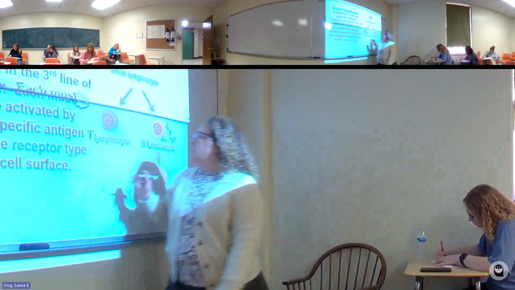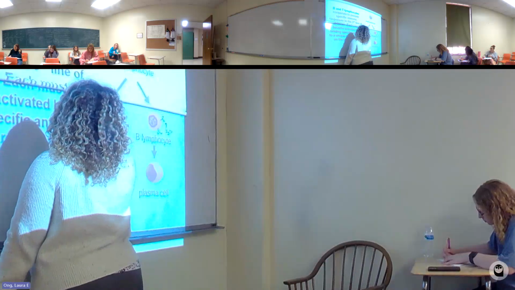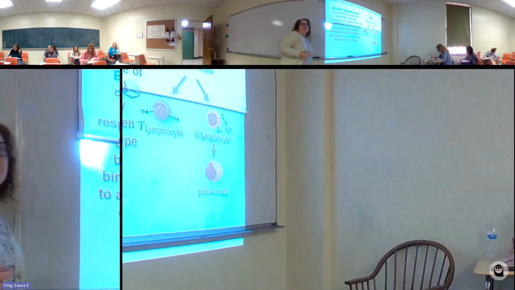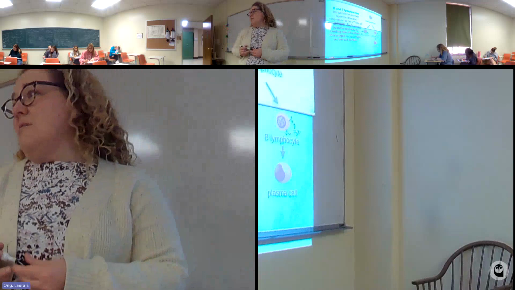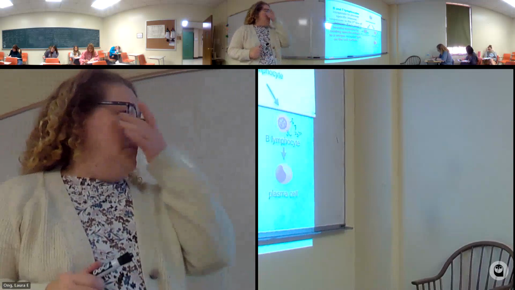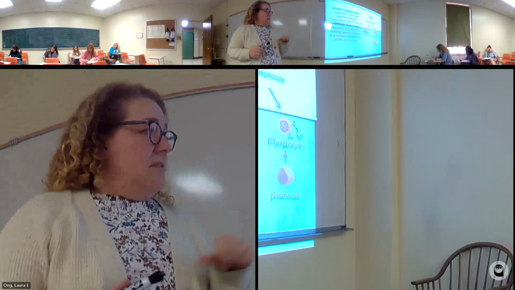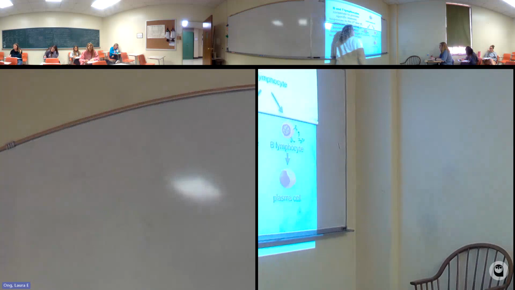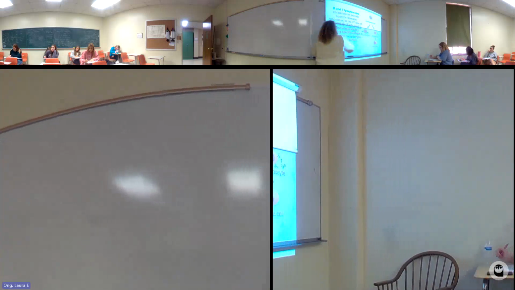On a T cell, they also have receptors, but we're just going to call those TCR for T cell receptor. And we're not going to get into their shape in this class. So when a specific antigen binds to the receptors on the surface of this cell, whatever the cell type is, it will get activated.